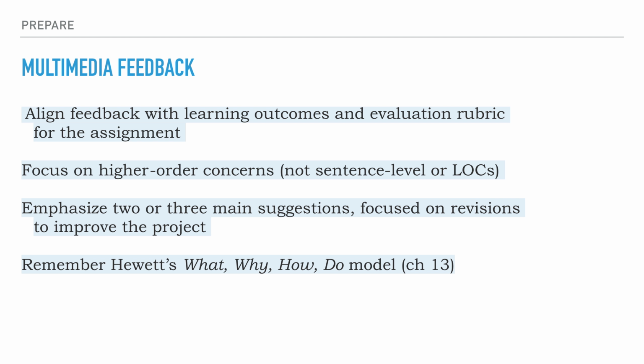So if your criteria was all about the use of visuals and about the arrangement of the story, you don't want to come back with a bunch of feedback that is locally granular or focused on something else. To the extent that it's possible, you want the learning outcomes, the rubric, and the feedback that you're giving all to line up so that the student knows this is what I was trying to accomplish in this project, these were my goals, and the feedback is clearly related to those goals.